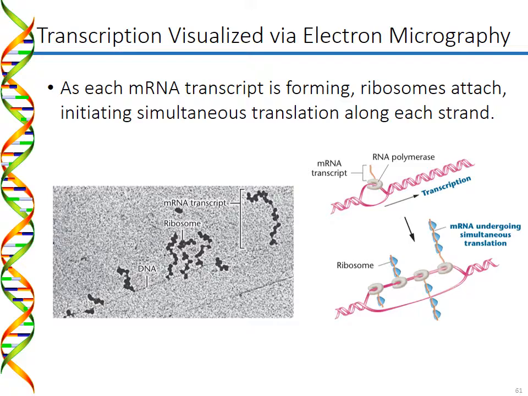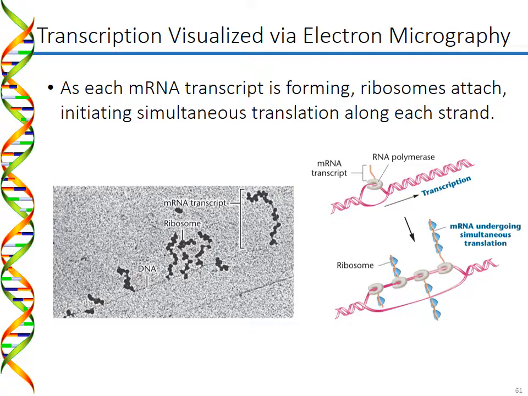Additionally, the process of translation also occurs simultaneously to transcription. Because of this, the ribosome, which is responsible for translation, binds to the mRNA transcript as it is being produced by the RNA polymerase. Because the ribosomes bind to the mRNA along its length, we can use these ribosomes to essentially monitor the length of the mRNA.